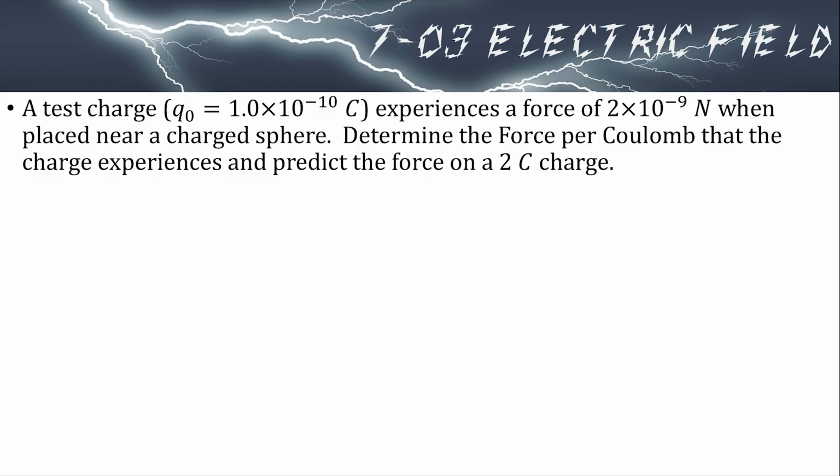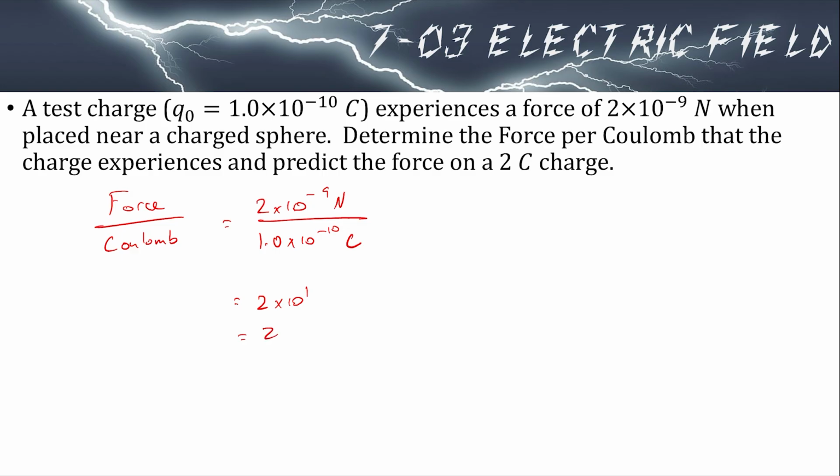All right, so if I want force per coulomb, I should probably take the force and divide it by the coulombs. Which gives me 2 times 10 to the 1, or 20 newtons per coulomb.